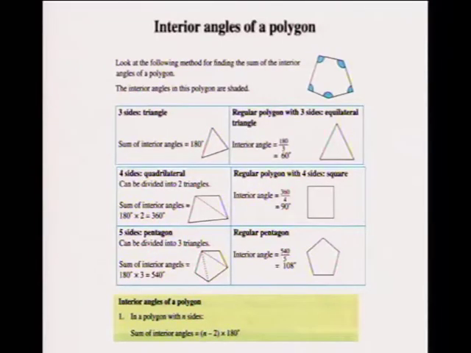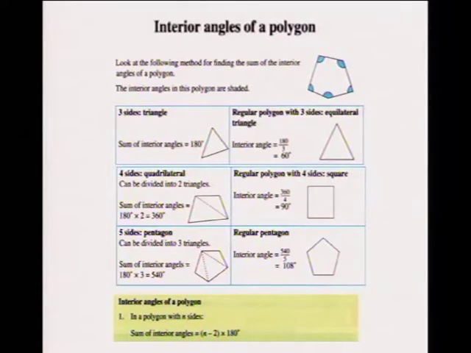The interior angles of a polygon, how do we find it? We know that the sum of the interior angles of a triangle is 180 degrees. If it's a regular triangle, it will be 180 divided by 3, so each angle will be 60 degrees. Let's look at the 5 sides, the pentagon.